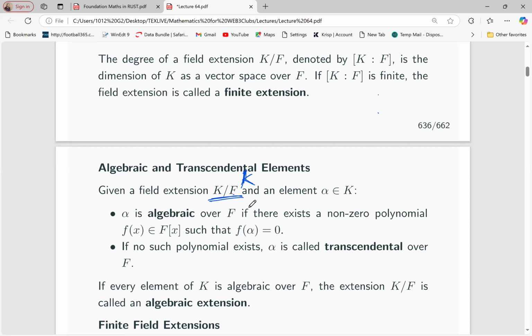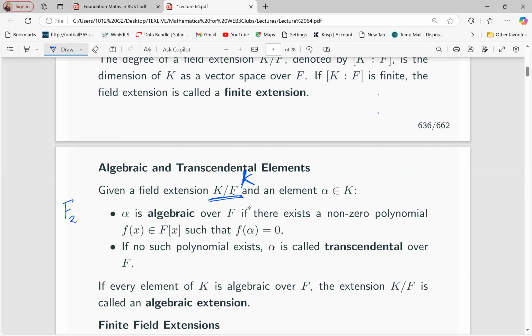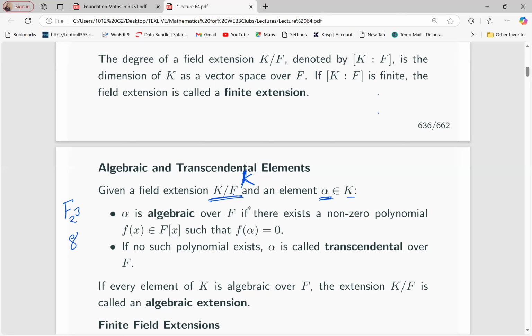Now, supposing inside this extension, the extension will have elements, and we said, for instance, if the extension is F2^3, then it would have 8 elements. Supposing we have an element alpha, part of this, when do we say that alpha is algebraic?